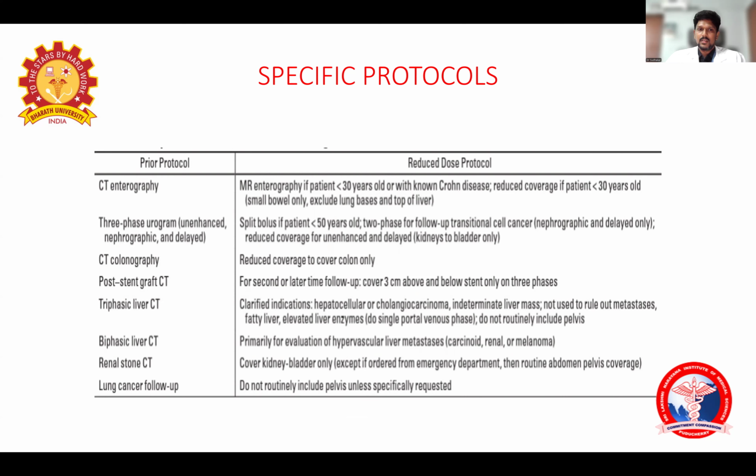Then the second 40 cc along with 20 or 30 cc of saline rush through a power injector can be done at the time of scan so that we can get only the plain CT and the two phases which include nephrographic and delayed. So basically we are skipping the cortical phase, which is done in routine CT KUB. So in this way, we are reducing one CT protocol phase, which helps in reducing the radiation dose.